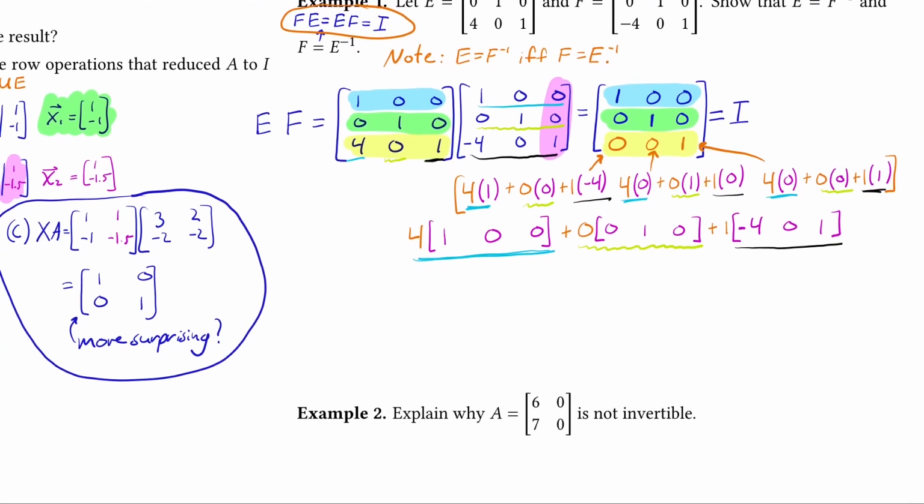We also should be checking that F times E is the identity matrix. Let's do that really quick.